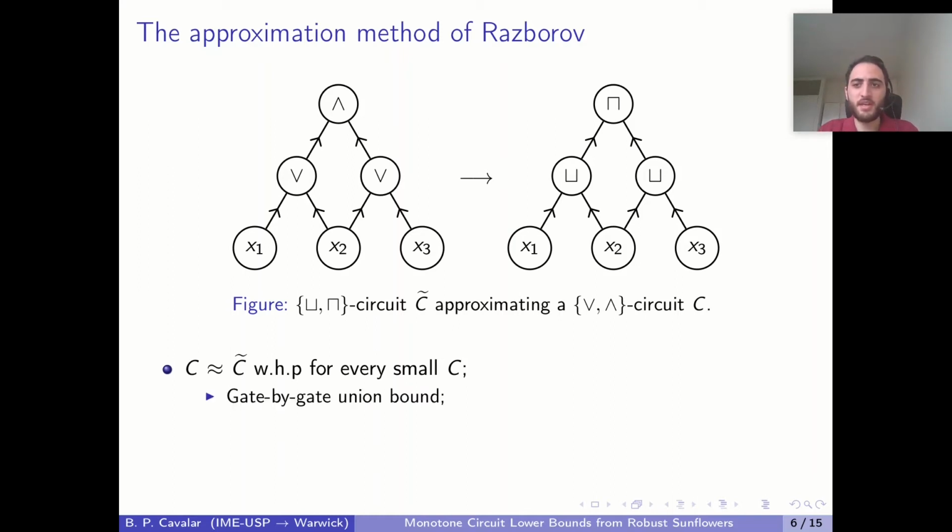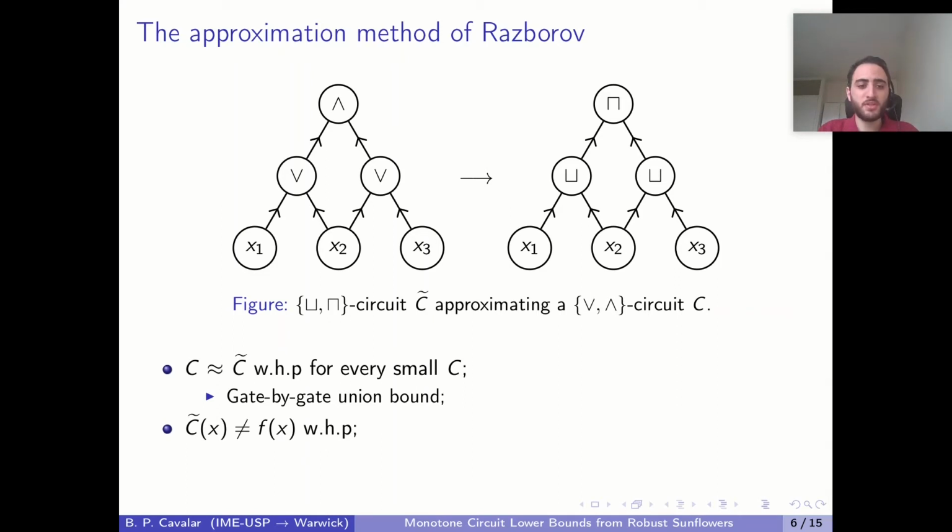And we do that by the gate-by-gate union bound. We just count how many approximation errors we make every time we change a gate for its approximate version. And if the circuit is small, then the total amount of errors is small, so the approximation is good.